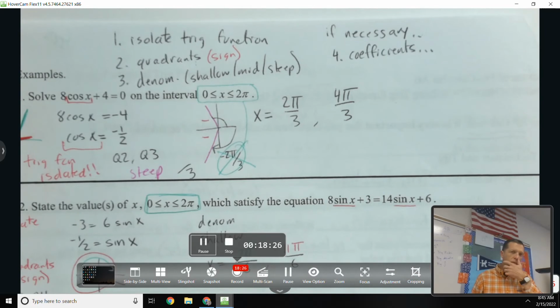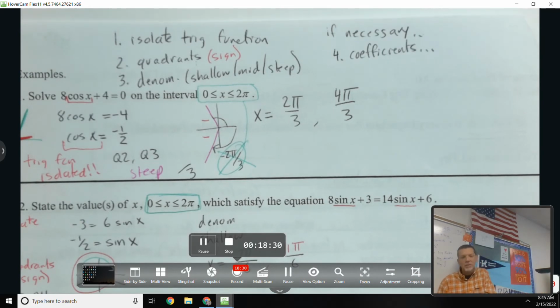That's sort of the hard part. So number 1 and number 2 didn't have that, so that made them easier. 3 and 4, there's a coefficient in there.